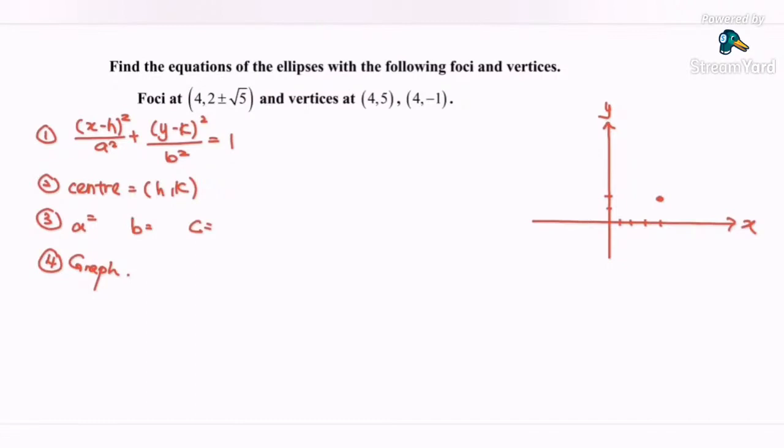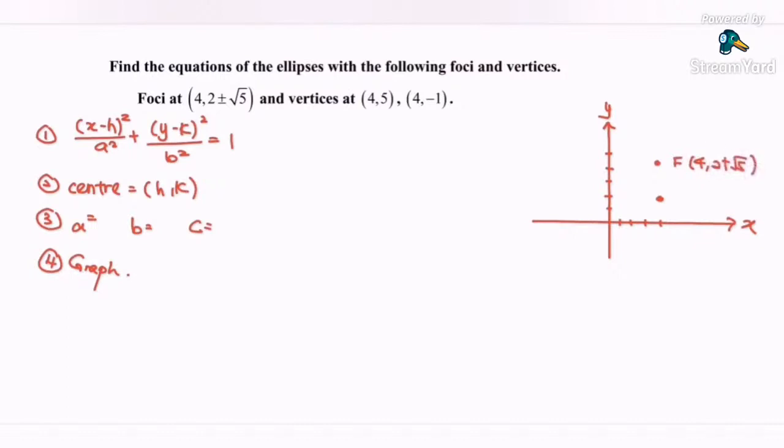Basically you have to press the calculator to have an idea where the square root of 5 is. Referring to the calculator, the square root of 5 is approximately 2.24 units. So we have 3, 4, and 5. So the location of the F is around here. Meaning that we have (4, 2 plus square root of 5).